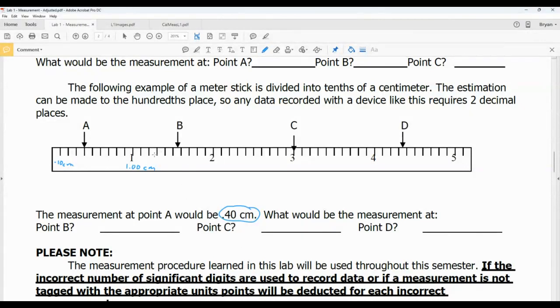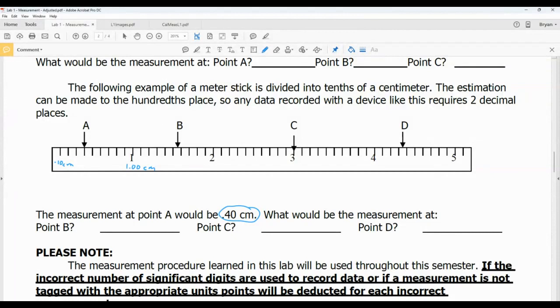So if we look at letter B, then each line again is like a dime. So we start on $1 or 1.00 centimeters, then 1.10 centimeters, 1.20 centimeters, and so on and so on. If we look between these lines, that looks to be 1, 2, 3, 4, 5, 6, between the 5th and 6th lines. So think of a dollar amount between $1.50 and $1.60.